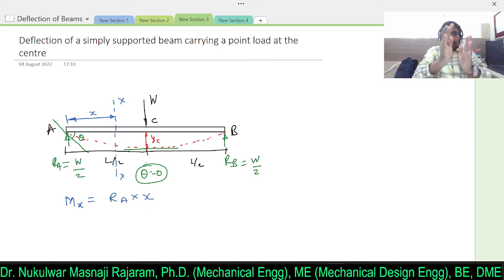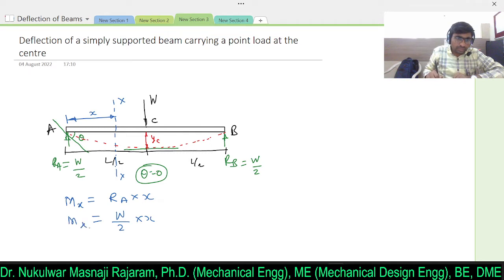Simple. Here I am considering the forces acting on the left side of the section. As it is clockwise, I am considering it positive. Now I will write the value for RA, W by 2 into x. So this is the moment at section XX.